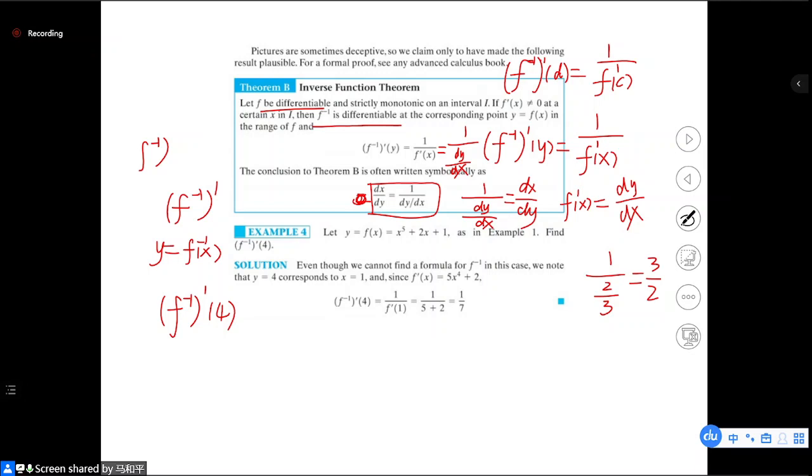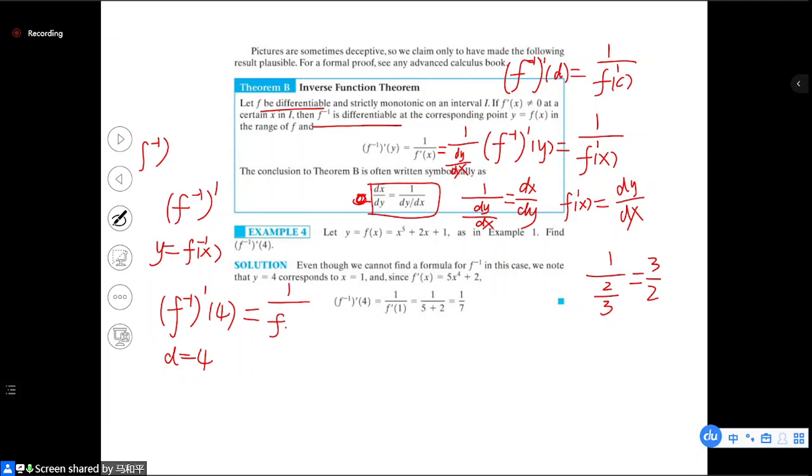This means d is 4. It should be 1 over f prime c, but here c is unknown. If we know c and we know how to calculate the derivative f prime x, then we can find f inverse prime 4.